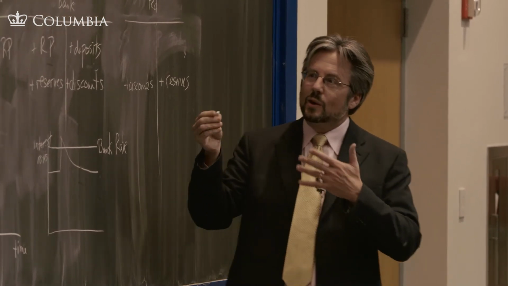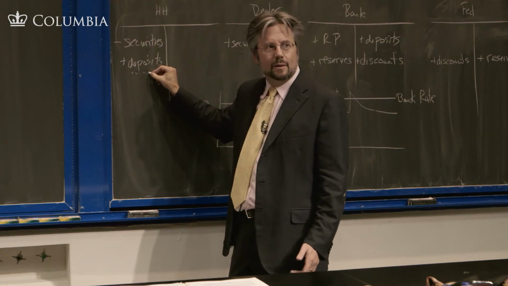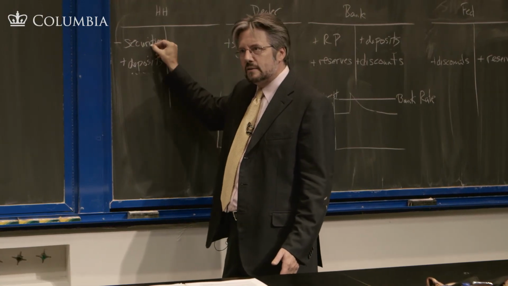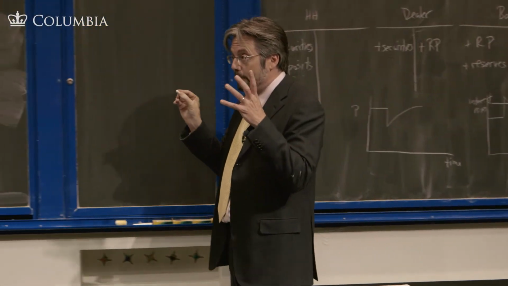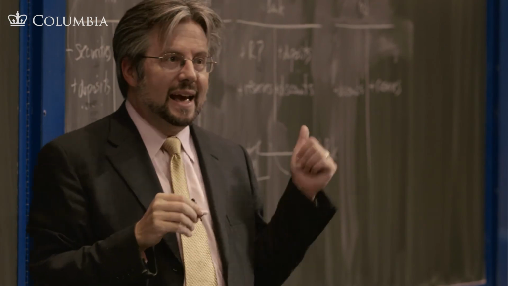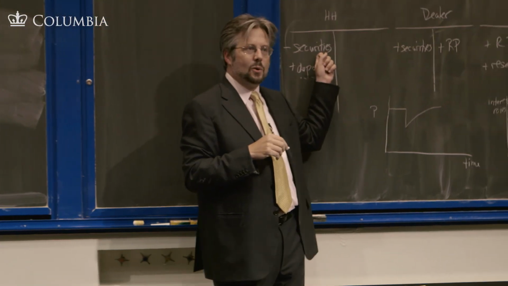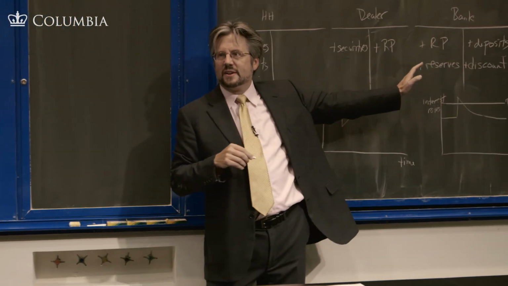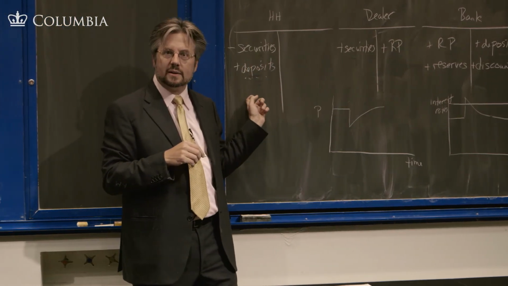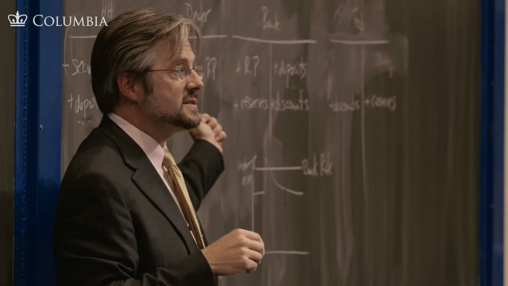Because what is a crisis? Everyone wants deposits, everyone wants money, and they don't want securities. Well, it has to add up in the economy. The securities have to go somewhere, and the way the lender of last resort works is that the securities people don't want get absorbed into the financial sector, and the cash that people do want gets created by the financial sector and used to fund the positions in the securities.